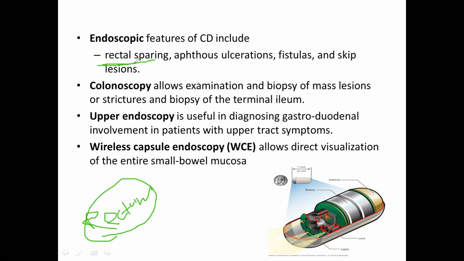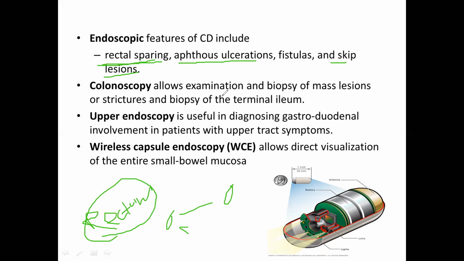So on endoscopic examination, you will get rectal sparing, aphthous ulceration, which we have discussed in the pathology part of this disease, fistulas and skip lesions. Skip lesions mean that in between the inflamed areas you will get normal skin, because the inflammation in Crohn's disease is usually segmental.